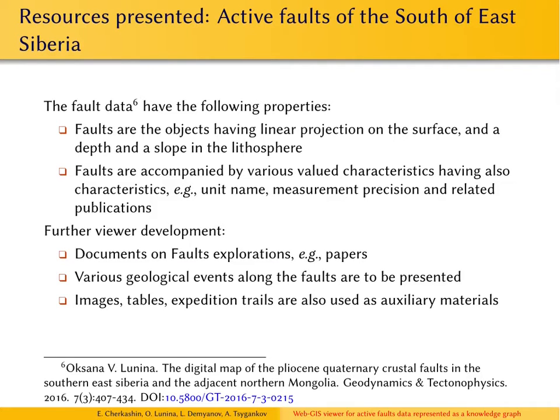Each fault is accumulated with various valued characteristics as well as additional metadata on these values, for example, precision and related publications where this characteristic was determined. As of today, our viewer can only show faults, filter them according to their values, and show additional information after pointing at the fault shape.